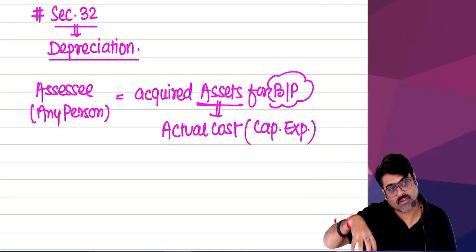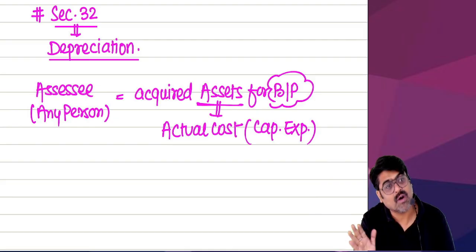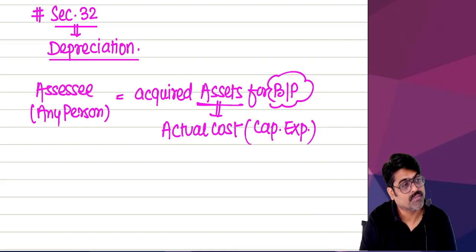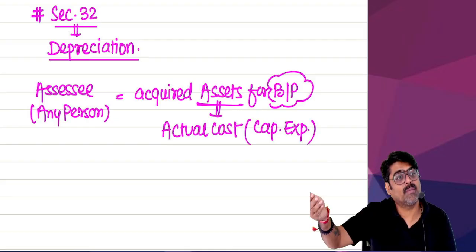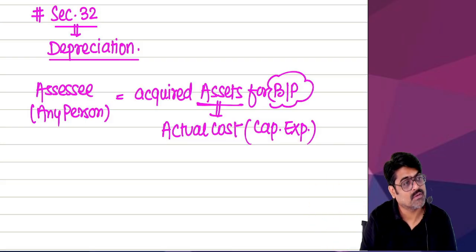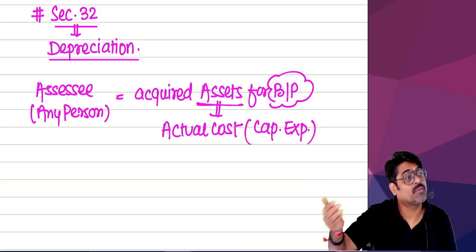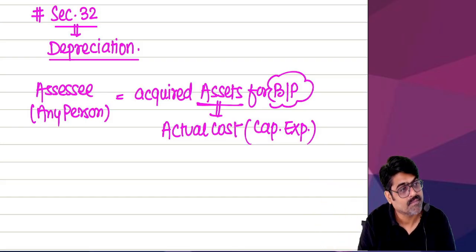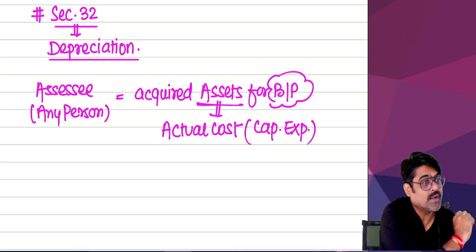The asset will be used in the business for only this year or for subsequent years also. This asset will help you to earn the business income of only this year or subsequent years also. Then why should the cost be allowed from this year's business income only? This should be allowed in the business income of subsequent years also, no?